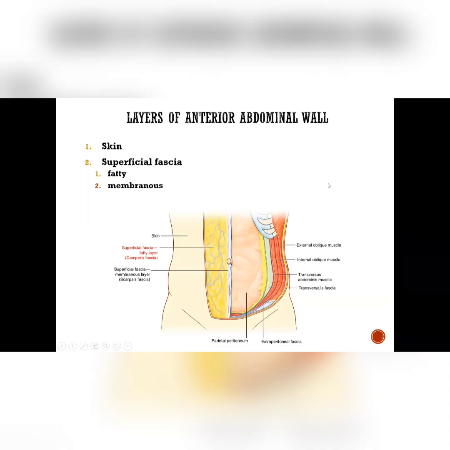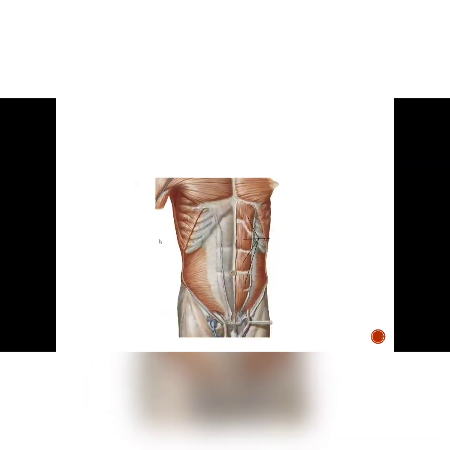After skin and superficial fascia, the next layer is a layer of muscles and their aponeurosis. The muscles of the anterior abdominal wall you can group as a paramedian layer of muscles. What is this muscle which is present in the central region, which helps to form the linea alba?